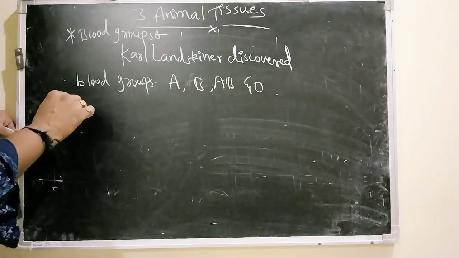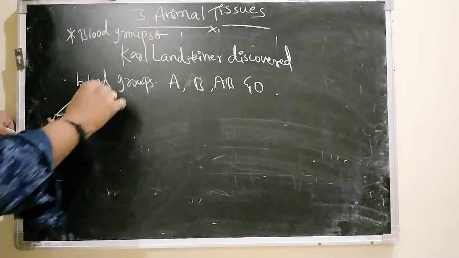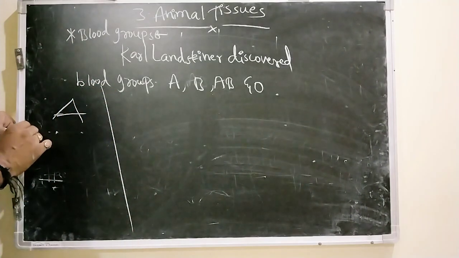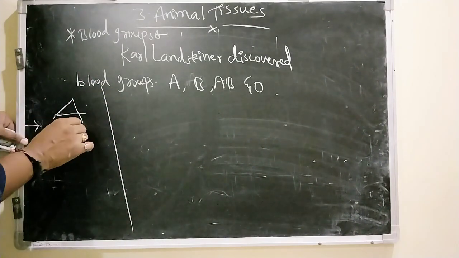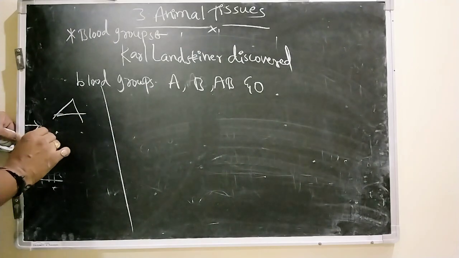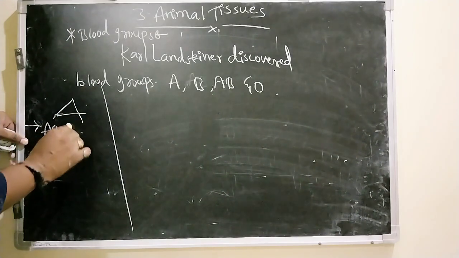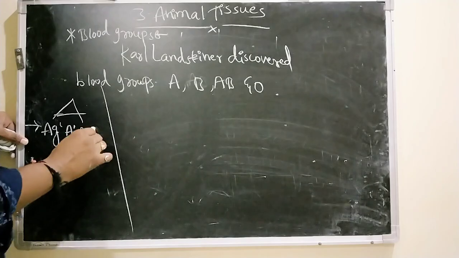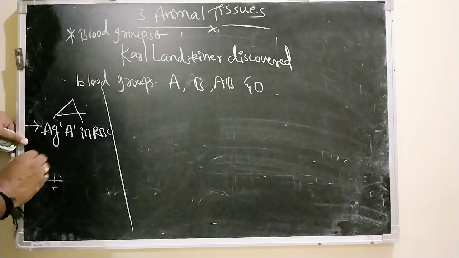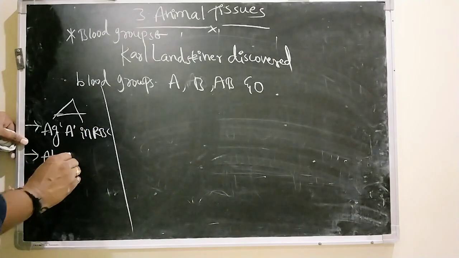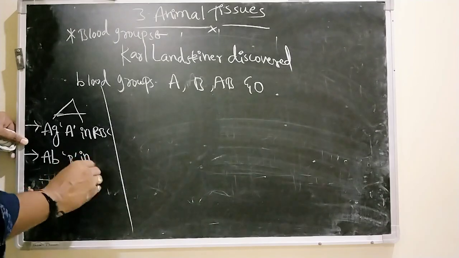We will discuss each and every blood group. For example, A blood group. The persons who have A blood group contain antigen A on RBC and they contain antibody B in plasma.